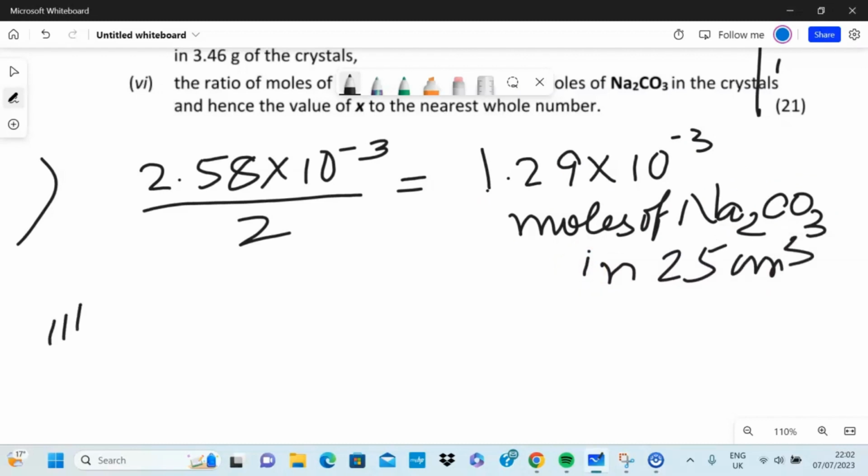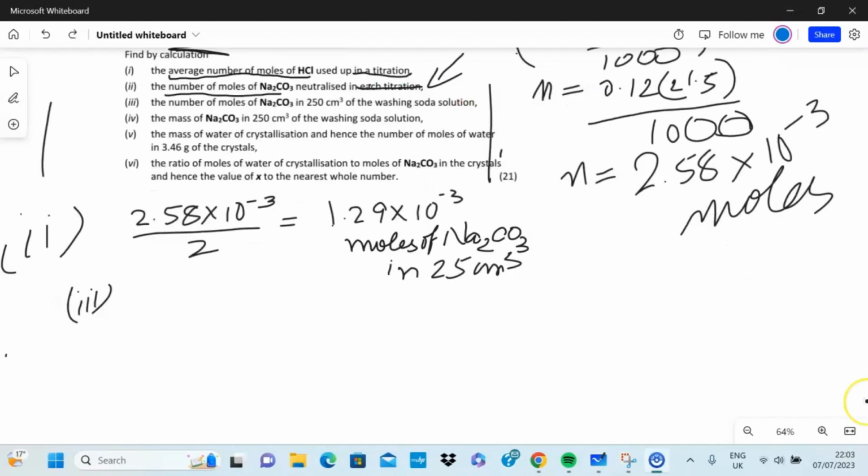Okay, looking at question 3. For this part, they're asking you to find the number of moles in 250 cubic centimeters of the solution. You can go the longer route of V1M1, but that's just going to waste time. Think about this: we already know what's in 25, we just have to make that 250.